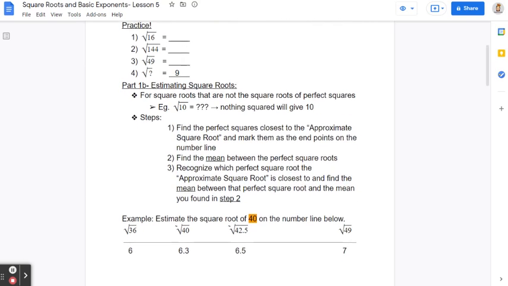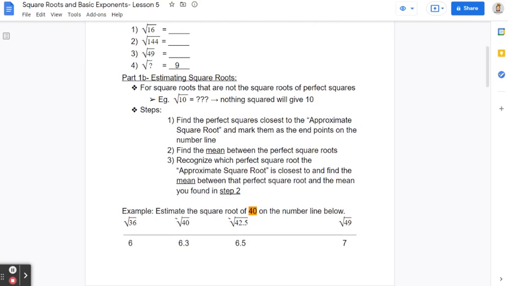So let's start with this example. Estimate the square root of 40 on the number line below. Here I already have all my numbers, but let's pretend that they're not there. So let's start with step 1. Find the perfect squares close to the approximate square root and mark them as the endpoints on the number line. So for 40, like I said, there's nothing that if we square it will give us 40.